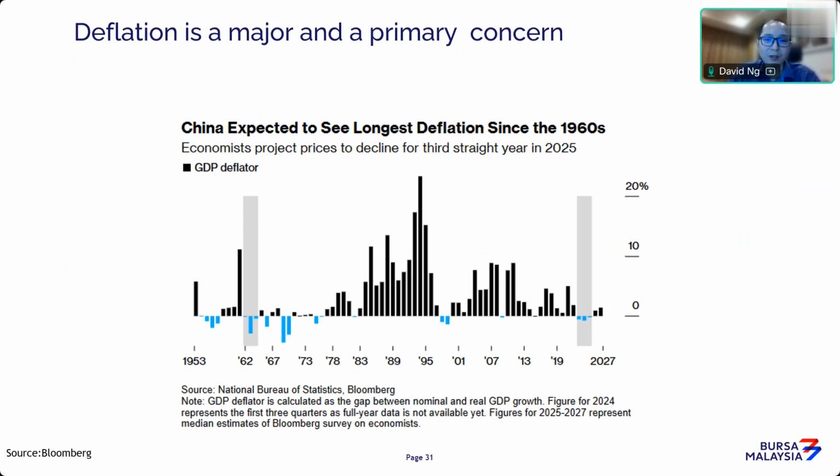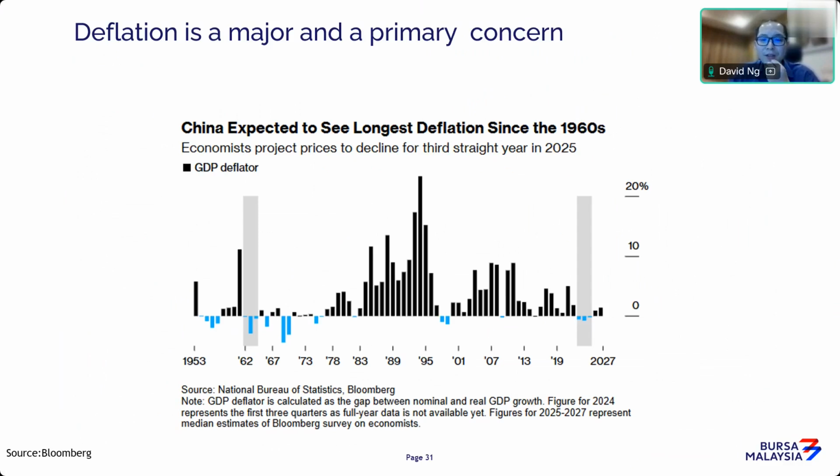It's pretty much like what Japan went through in its lost decade, where the economy is not doing well, prices in general are not going up, the demand is not there, and that will be a major drag for the economy. I think China will not want that. So going forward, whether China will aggressively try to pump prime the economy, I think that will affect the currency as well.